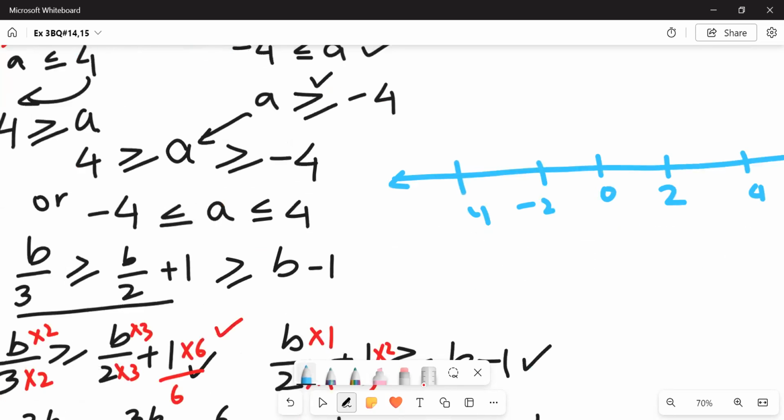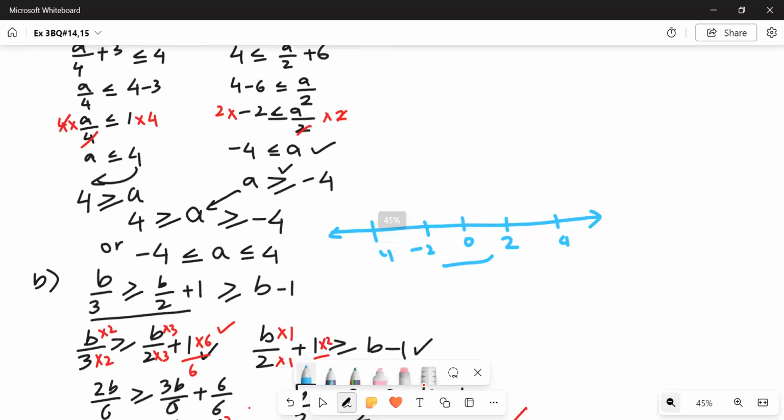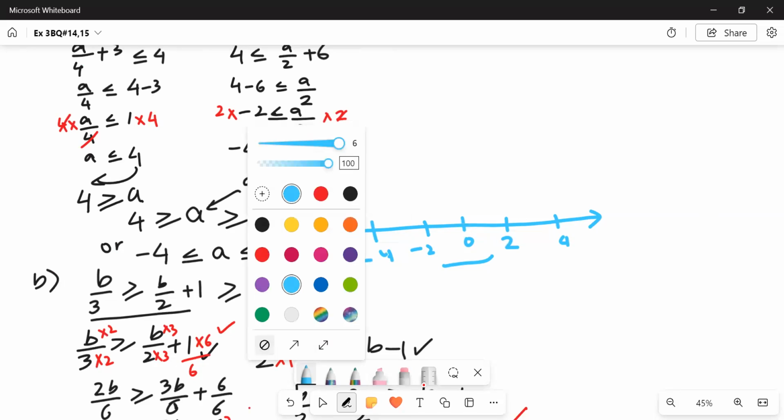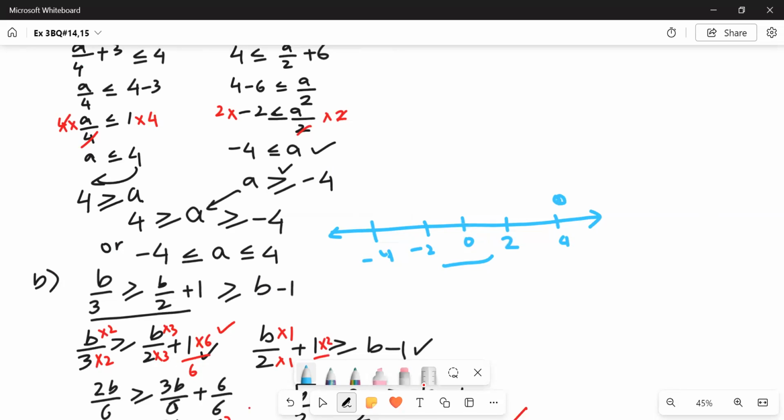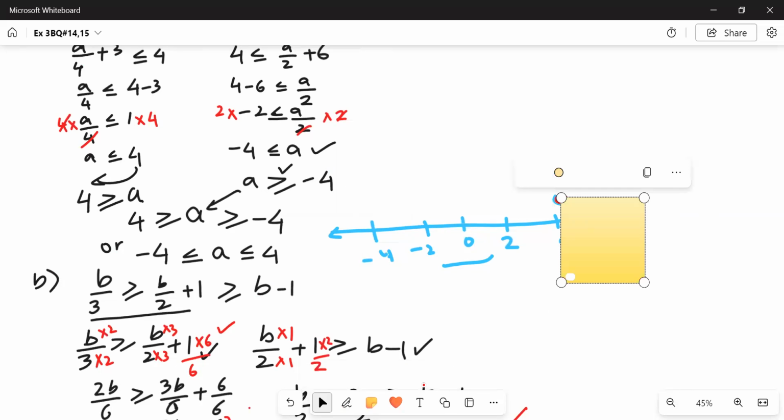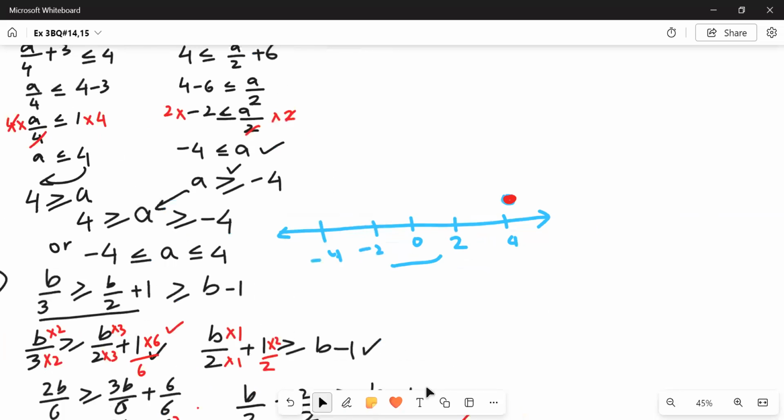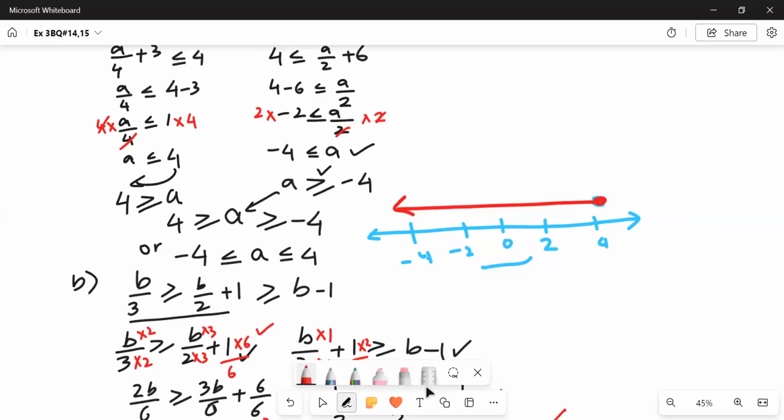So according to that, a lesser than or equal to 4, and then a greater than or equal to 4. So the region will be this.